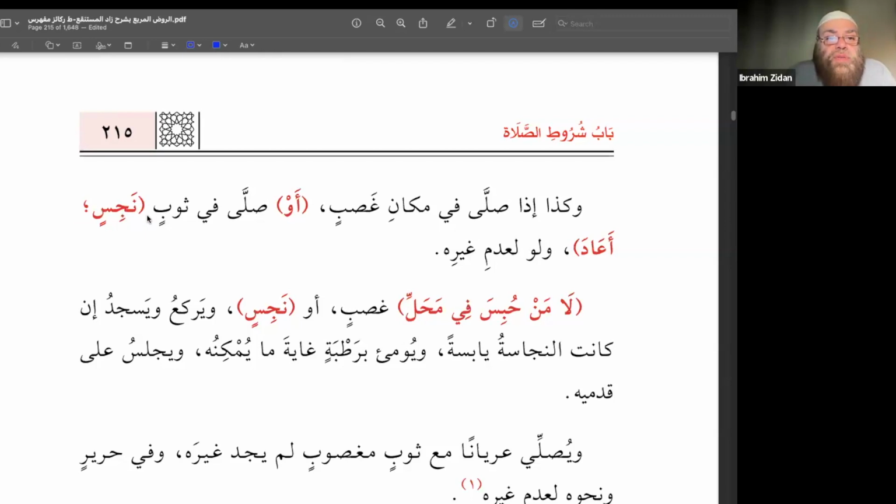What's the proper way to define the difference between a shak and ghalabat al-dhann? Now, there's a major difference, because a shak is doubt when the two sides are equally present. The person is not sure whether one thing or the other, like something like 50%. غلبة الظن is something that we act upon.